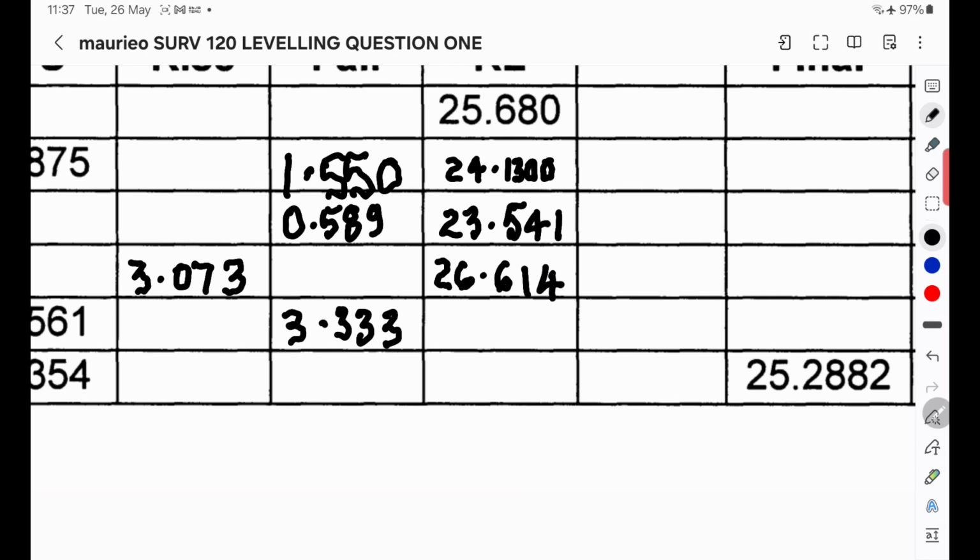That's the RL of the beam. And then we're going to come back down to earth to CP2 by subtracting the 3.333 minus the fall, and that's going to give us 23.281.